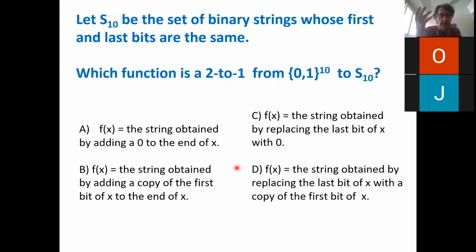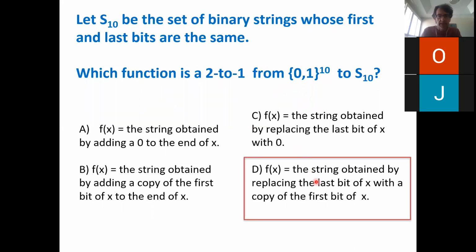So I can represent the same problem of S10, which is bit strings whose first and last bits are the same, in this fashion, if I want. It's a 2-to-1 correspondence. It's a little contrived. You see, there is a bijection between S10 and 9-digit strings.